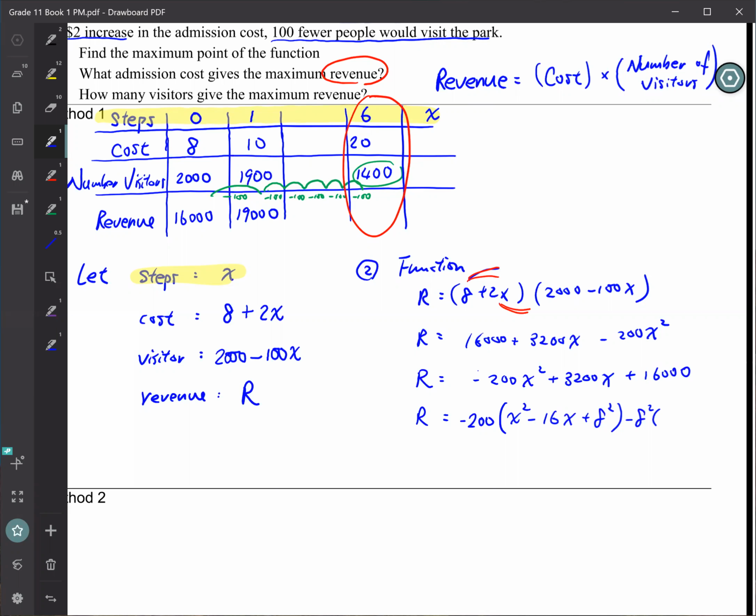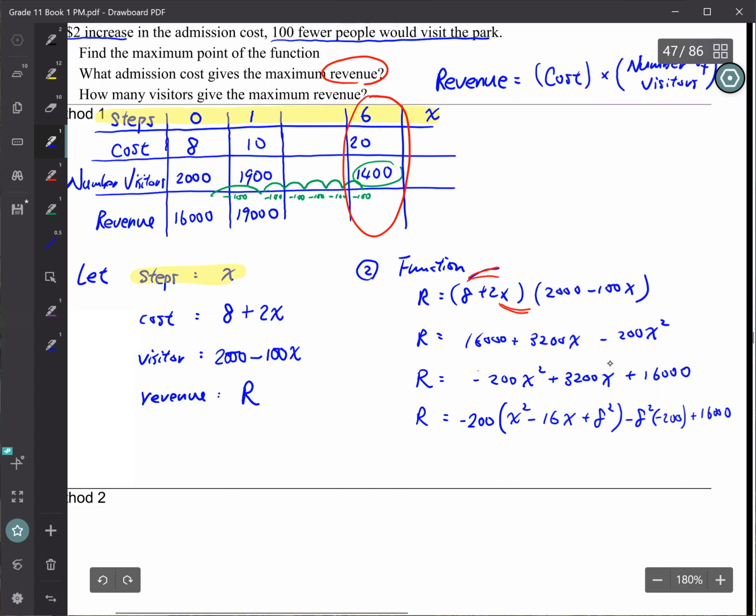And plus 16,000. Before that, is there anything after the 8 squared? Times negative 200. Yes, okay, very good. Plus 16,000. Okay, thank you.